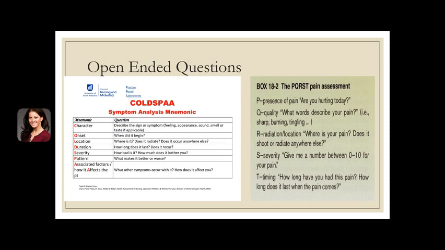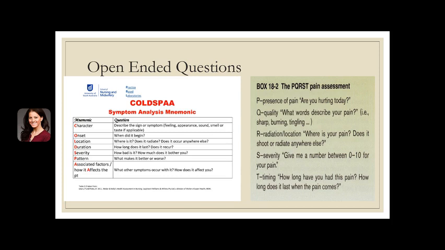When talking about open questions, if a patient comes in and they present with complaints of something, what you want to do is be that investigator and ask them more questions about that specific complaint. So I always go to the complaint of pain. And you can use your COLD SPA mnemonic, or you can use your PQRST mnemonic.